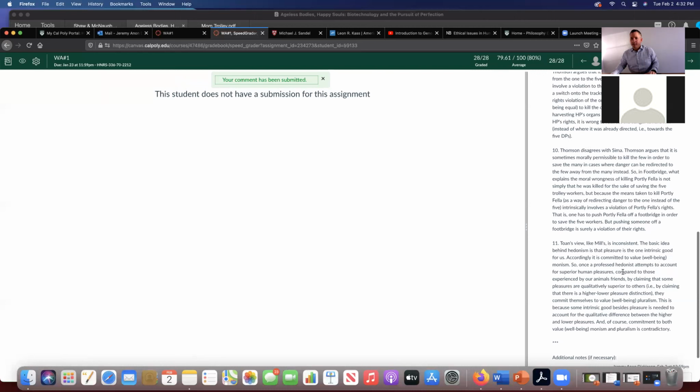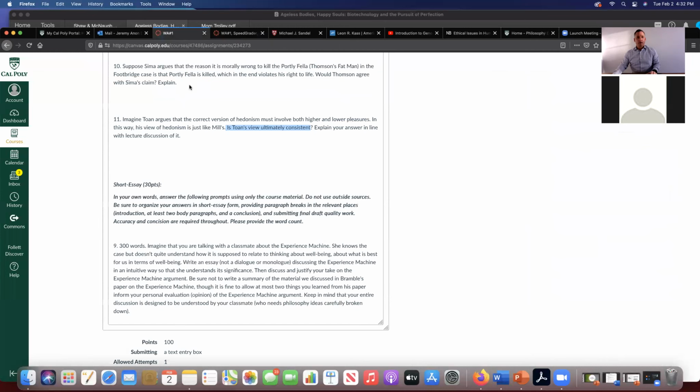So once a professed hedonist attempts to account for superior human pleasures compared to those experienced by our animal friends, by claiming that some pleasures are qualitatively superior to others, that is by claiming that there is a higher lower pleasure distinction, they commit themselves to value or well-being pluralism. This is because some intrinsic good besides pleasure is needed to account for the qualitative difference between the higher and lower pleasures. And of course, commitment to both value, well-being monism, and pluralism is contradictory or leads to inconsistency.